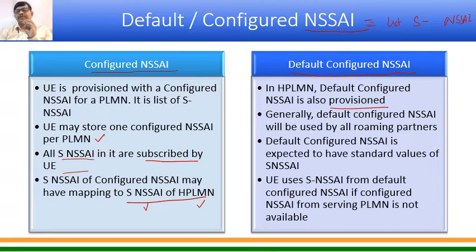This is important for roaming because these are the slices supported in all the roaming partners. That's why it has been made default. So even if you are roaming, those kinds of slices are available in the roaming partners also. That means the default configured NSSAI is expected to have standard values of S-NSSAI, meaning 3GPP defined slices, right?